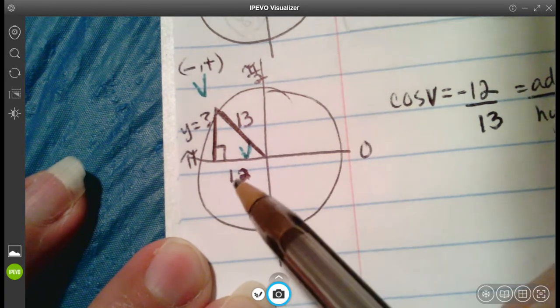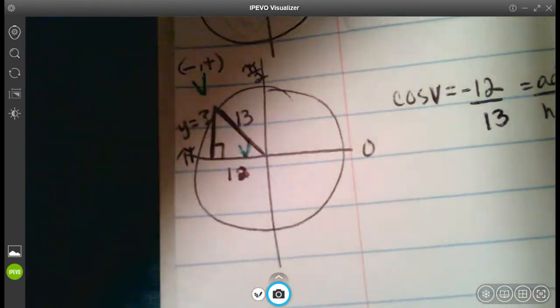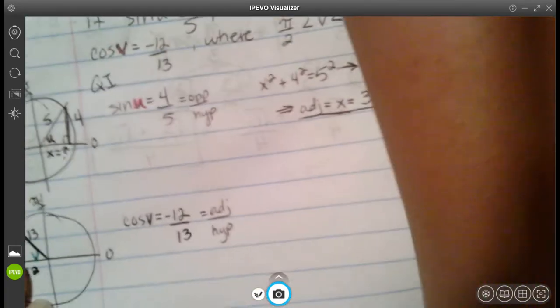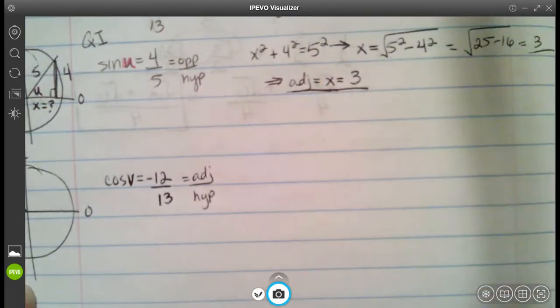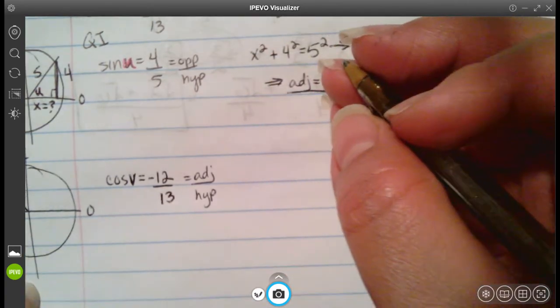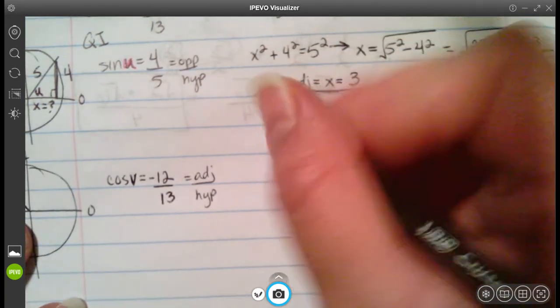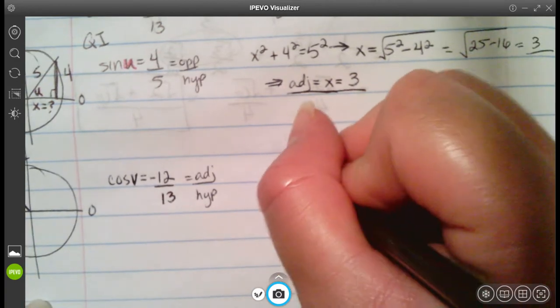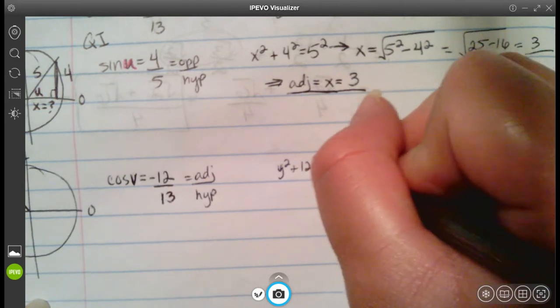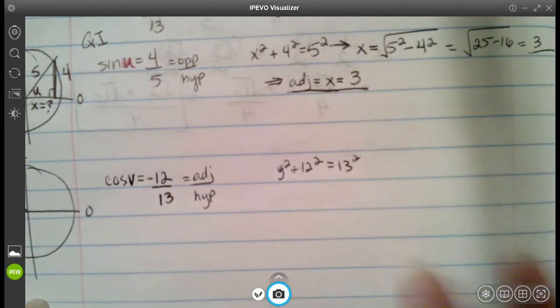So we're going to do the same thing. We're going to use the Pythagorean theorem to solve for that value. So I'm going to go ahead and do that over here. In this case, we're doing y squared, right? So we're going to have y squared plus 12 squared equals 13 squared.